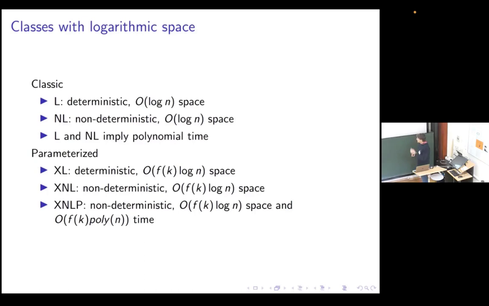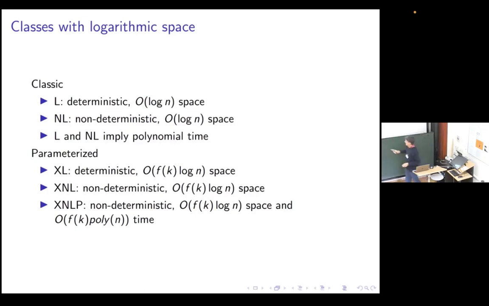And then one class which is not studied a lot, there was one paper by Elberfeld et al. in 2015, where we do two things at the same time. We use a function of the parameter times logarithmic space, and we use FPT time, so a function of the parameter times polynomial time.